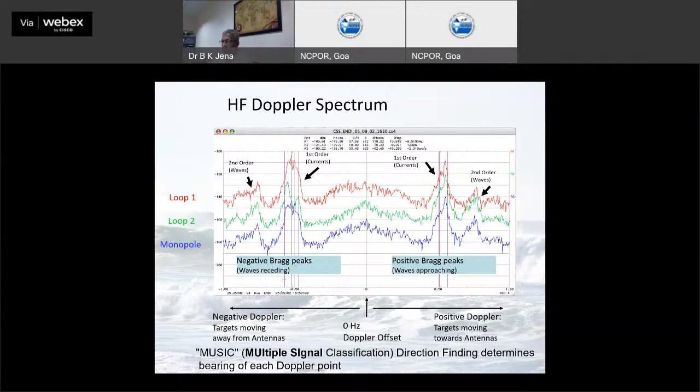From this difference, we use MUSIC, the multiple signal classification algorithm, to find out the direction, and from the Doppler shift we find the currents. So current speed and direction are estimated from the first order spike of the spectral information, and similarly from the second order peak we estimate the waves.